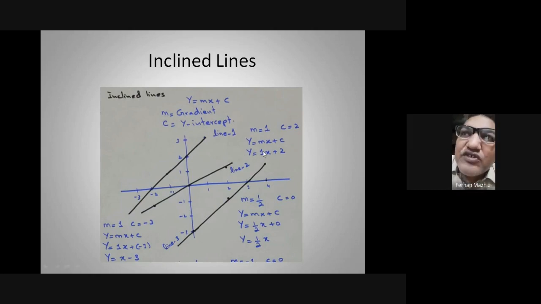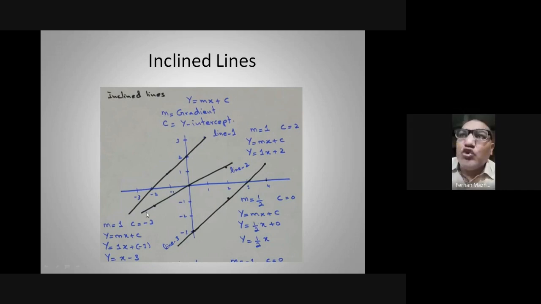In the place of m I put 1, and in the place of c I put 2. So y equals 1x plus 2. This is how you find the equation of the line if you know the gradient and the y-intercept.